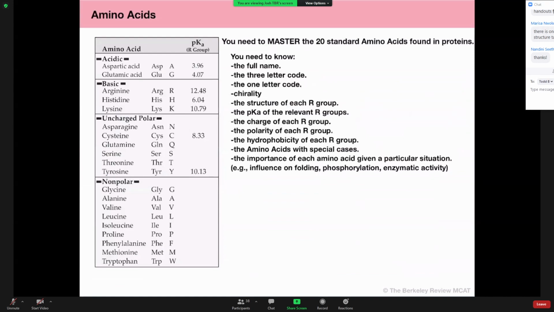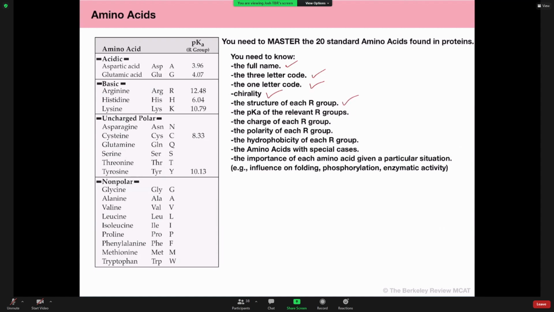So that's my recommendation for that. And when it comes to the 20 standard amino acids, when I say you need to know them, I mean you need to absolutely know them, right? You're going to need to know the full name, the 3-letter code, and the 1-letter code. You're going to need to know the chirality, right? You're going to need to know the structure of each R group.